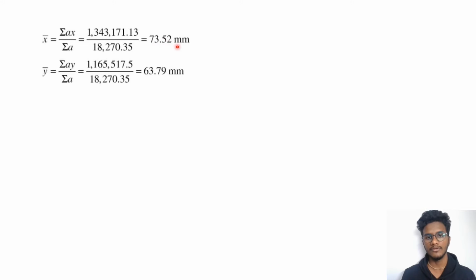The unit for all these problems is in millimeters. Similarly, y bar is summation of Ay divided by summation of A, that is 1,165,517.5 divided by 18,270.35. We'll get 63.79 mm.